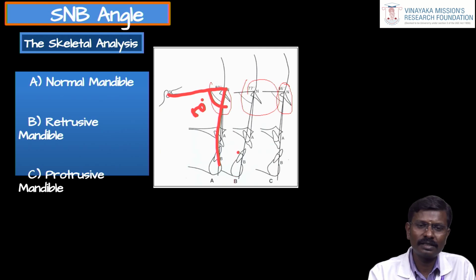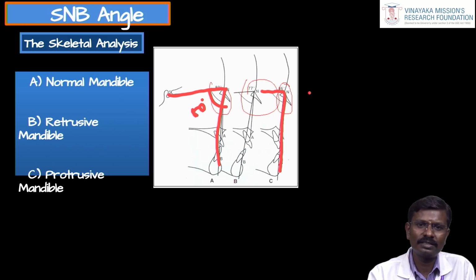You can see this in a skeletal class 2 patient due to mandibular retrognathism. The next one is a protrusive mandible; you can see it's 86 for the S, N and B line. Here the lower anterior is more forwardly placed than the maxilla. This is 86 degrees, and you can see it in skeletal class 3 patients.